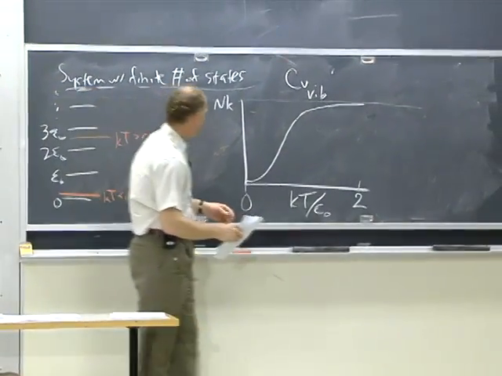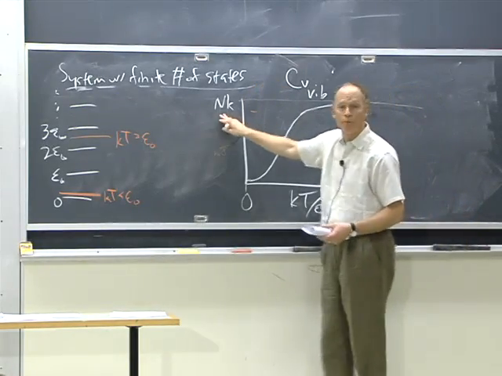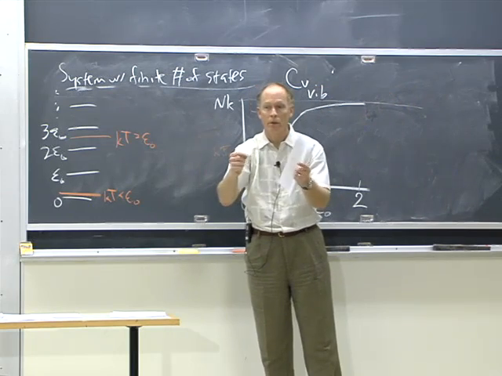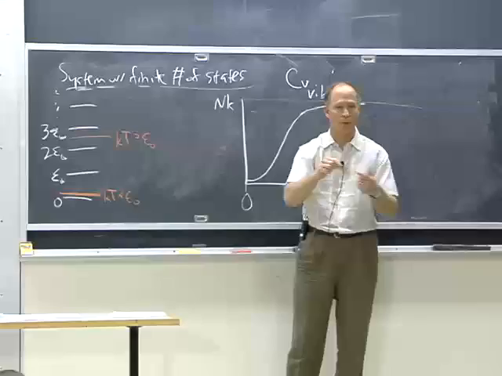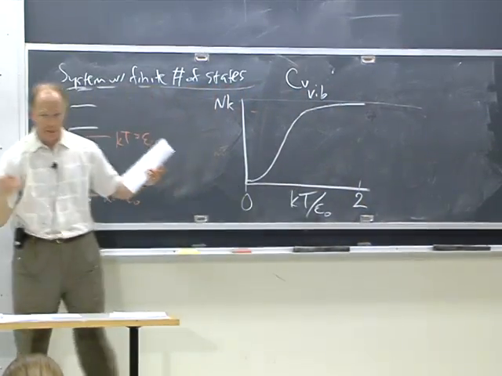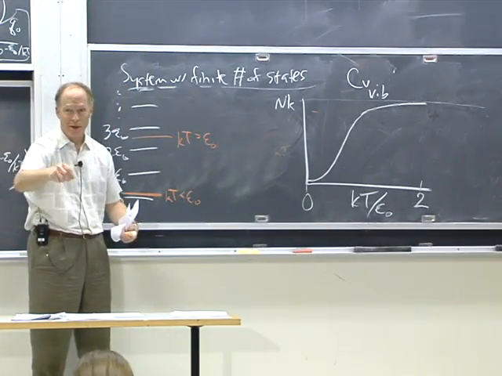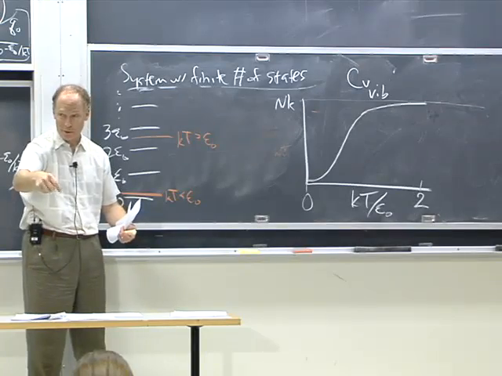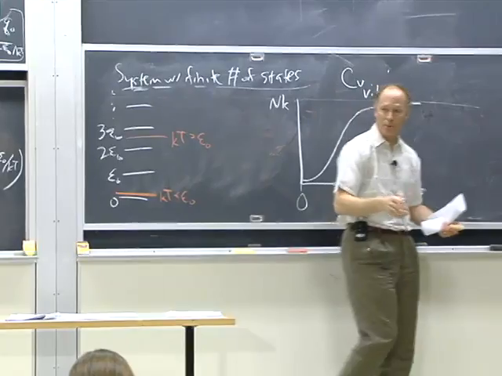Basically, in that case, the heat capacity is not just the Nk for one vibrational mode. Of course, that's what I described for a single vibrational mode of, say, a molecule. If you have a crystal lattice with N atoms in it, let's say it's an atomic crystal, each atom has 3 degrees of freedom. It could move in each of 3 independent directions. And there are N of those atoms. There are 3N total degrees of freedom.